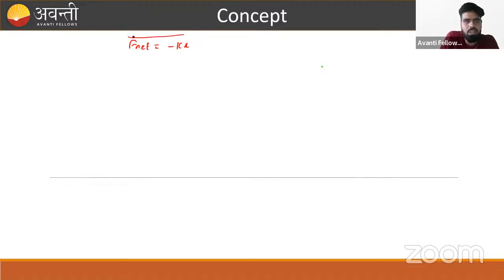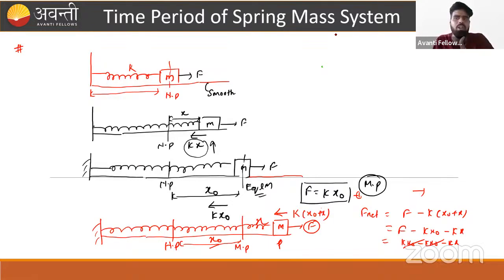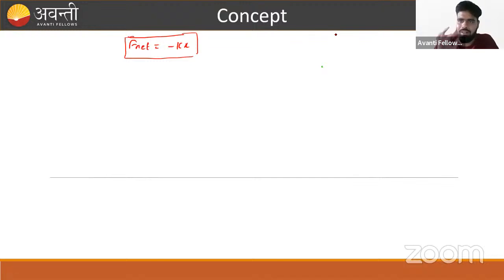First of all, we have to sort out the matter of the minus sign here. What is the significance of the minus sign? The minus sign tells about the restoring force that wants to bring the block to its mean position. Are you agree with me? That is the importance of the negative sign, because the net force always brings the block to its mean position.